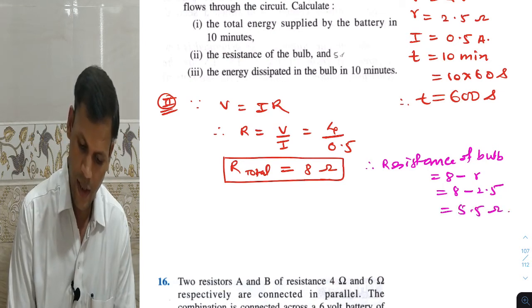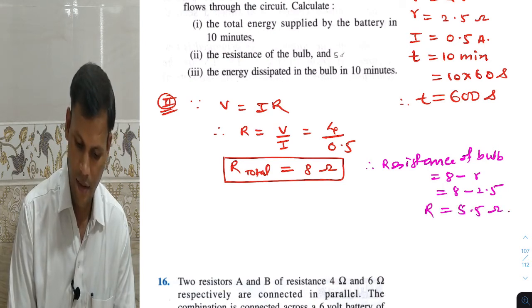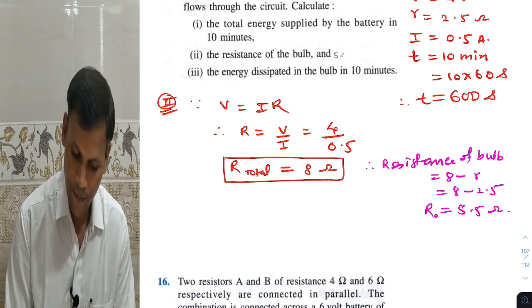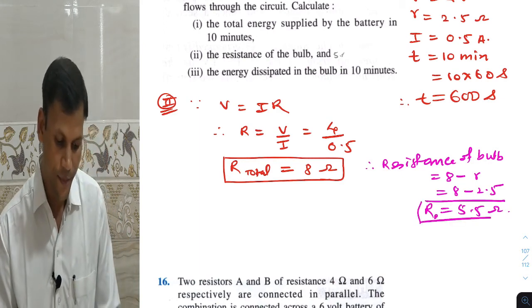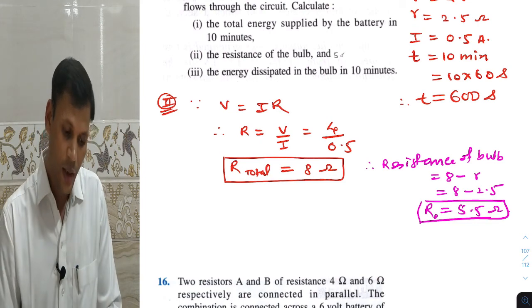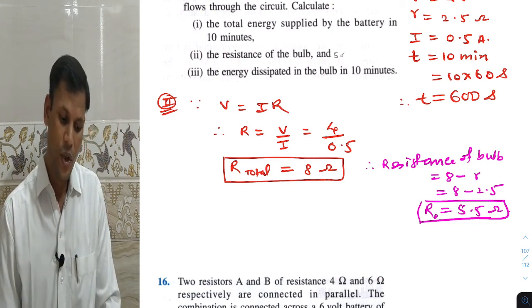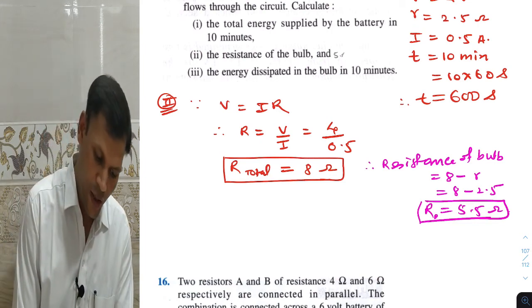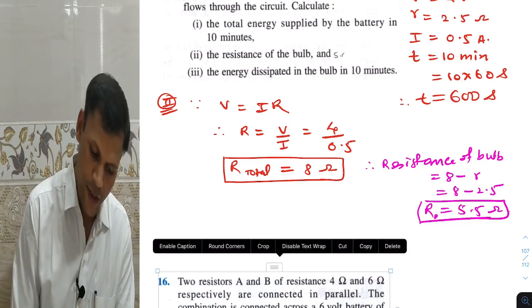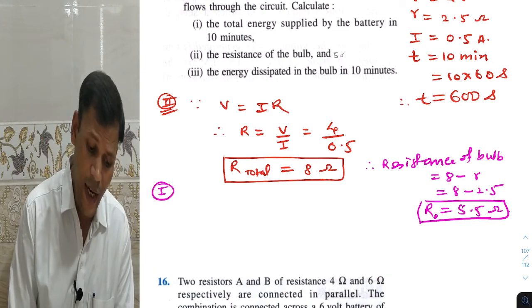So it is capital R, the resistance of the bulb.